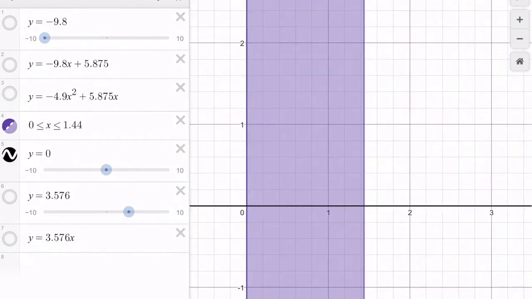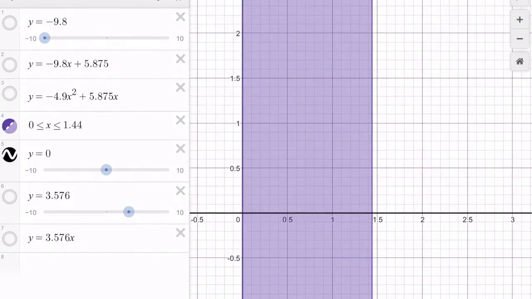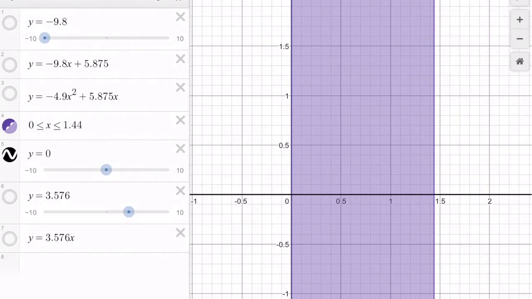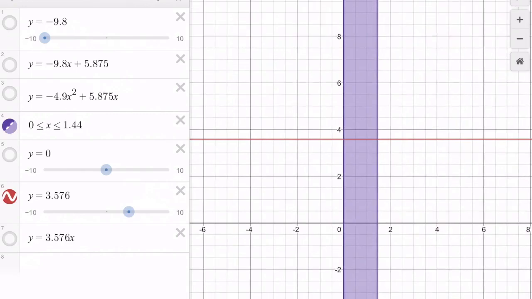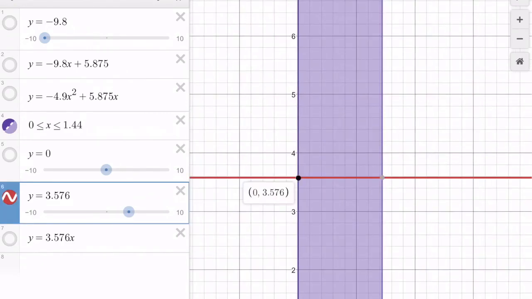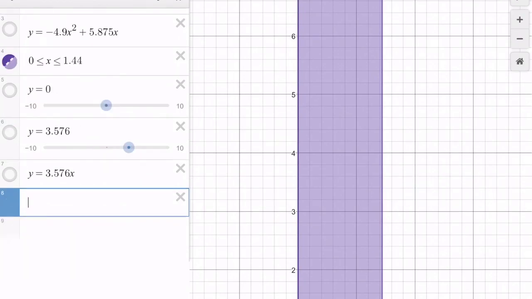If we analyze the horizontal motion now, horizontal acceleration is 0, and that means that all throughout the motion there is no acceleration in the horizontal direction applying onto the projectile. Similarly, the horizontal velocity stays at 3.576 all throughout the motion of the projectile.